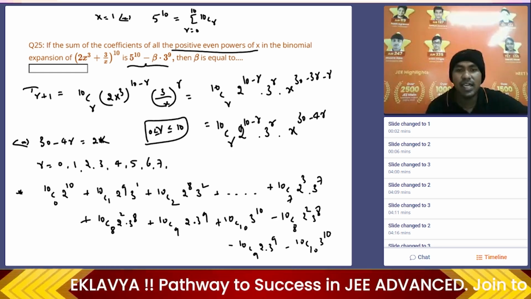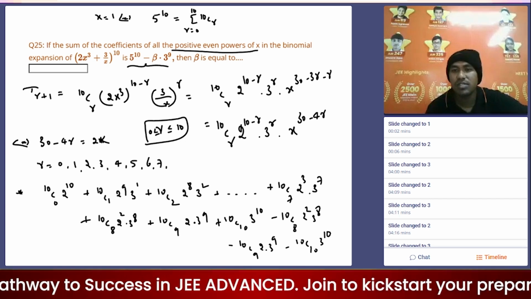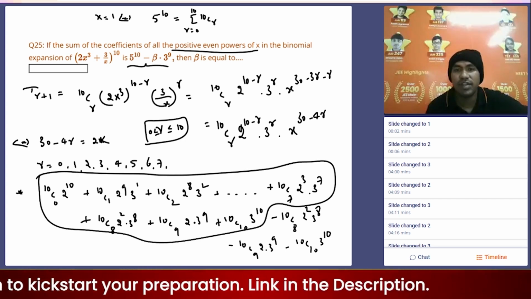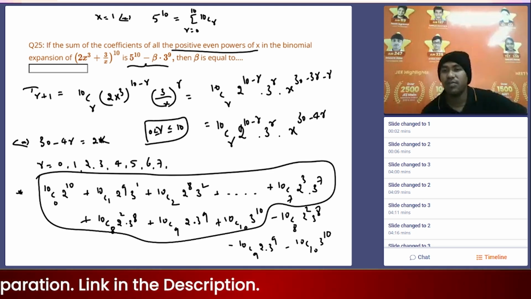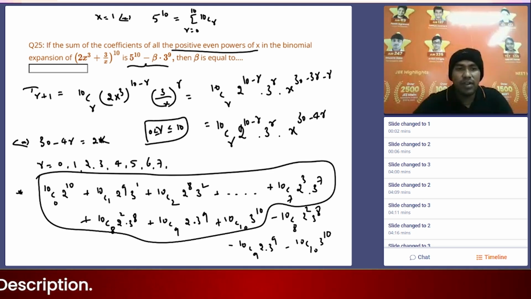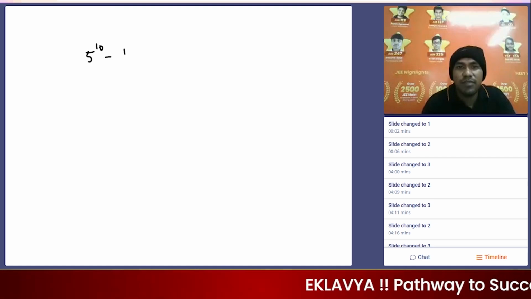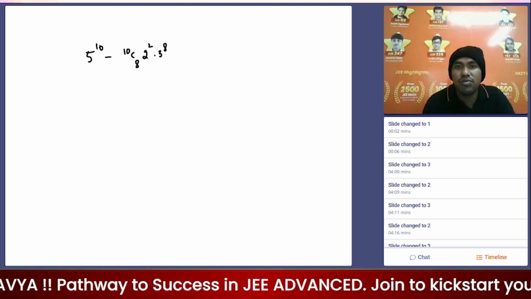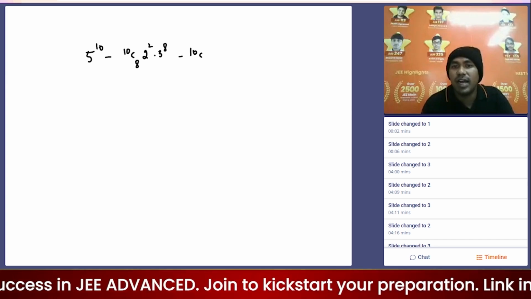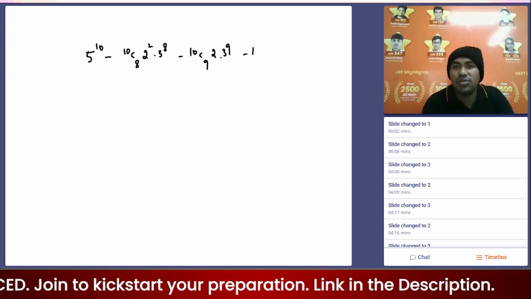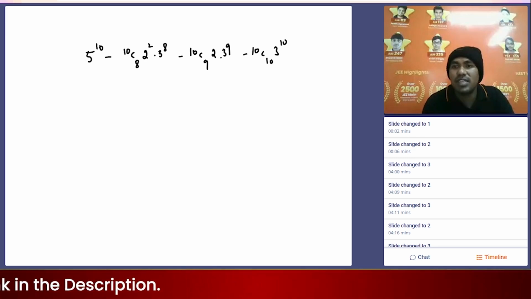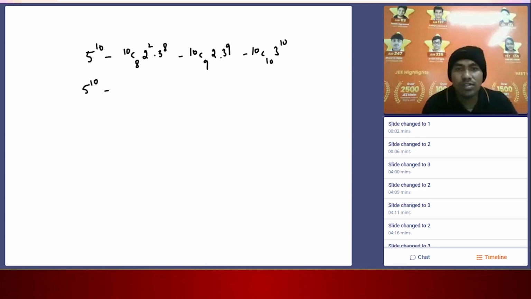Now this entire value, what can we write? Very good. This is nothing but 5^10, right? Now 5^10 minus the remaining part we will write. So that will be 5^10 minus 10C8 into 2² into 3^8 and minus 10C9 into 2 into 3^9 minus 10C10 into 3^10.